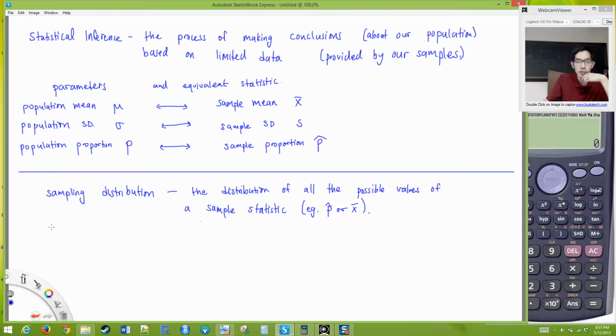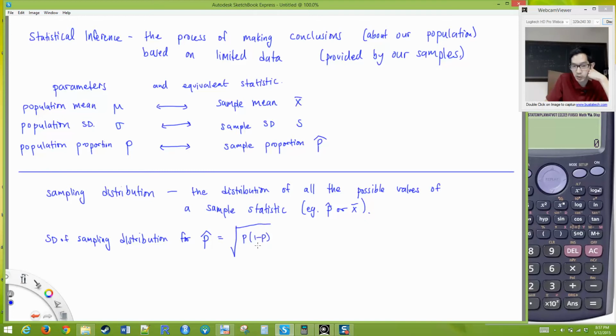And in our previous problem, we said the standard deviation of the sampling distribution for p hat was equal to the square root of p times 1 minus p over n.